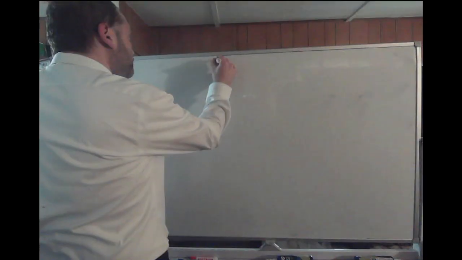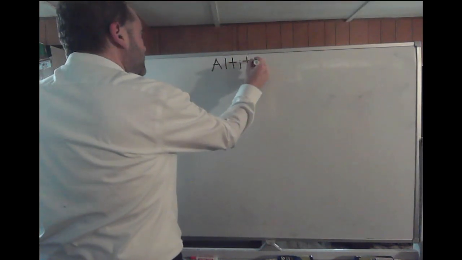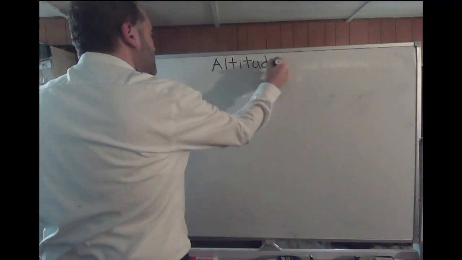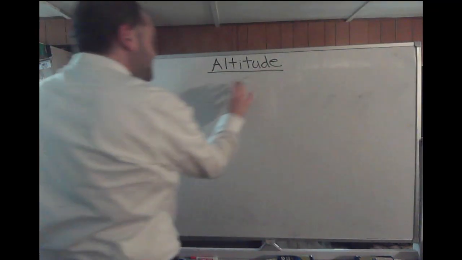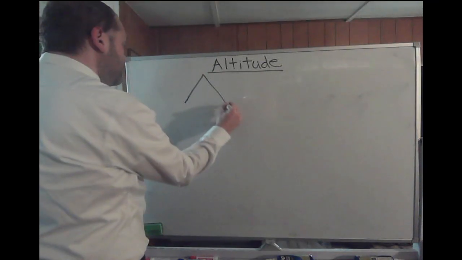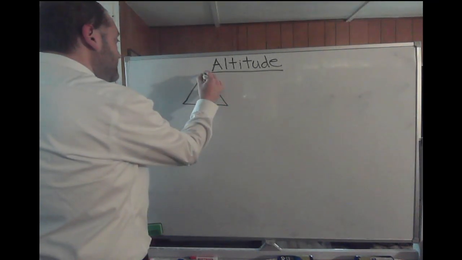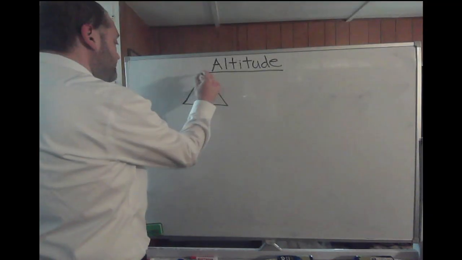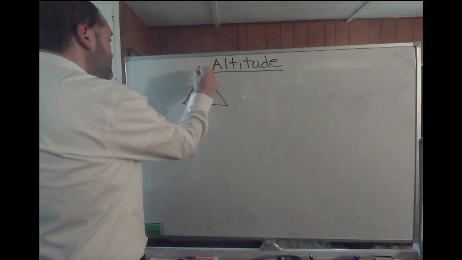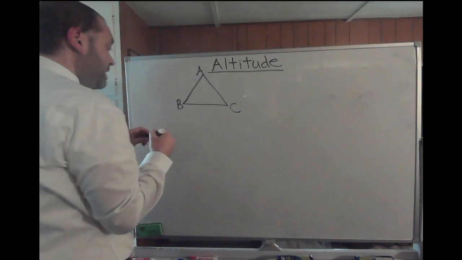Next, we have what is called the altitude of a triangle. So, let's talk about the altitude of a triangle. And in an acute triangle, the altitude is drawn from, let's do ABC here. ABC, right?